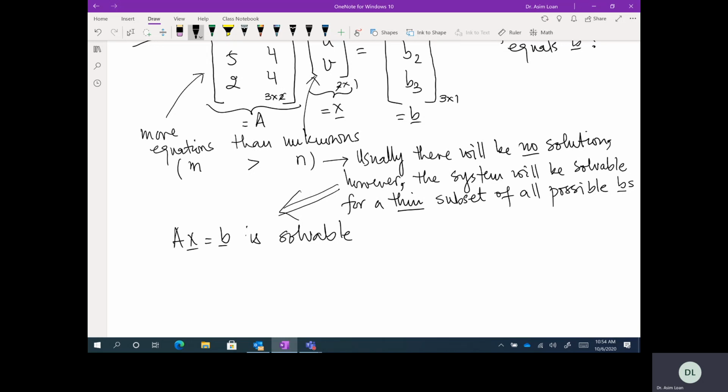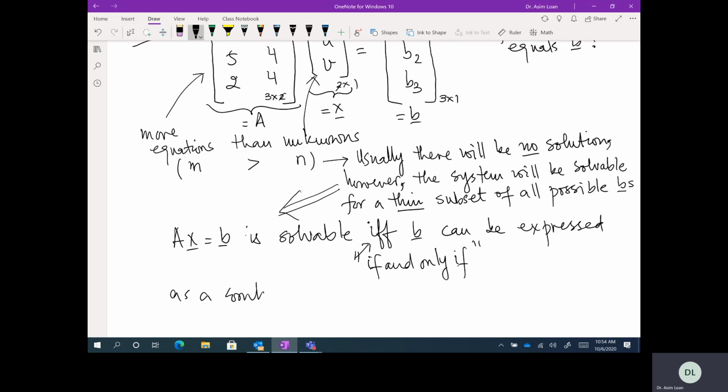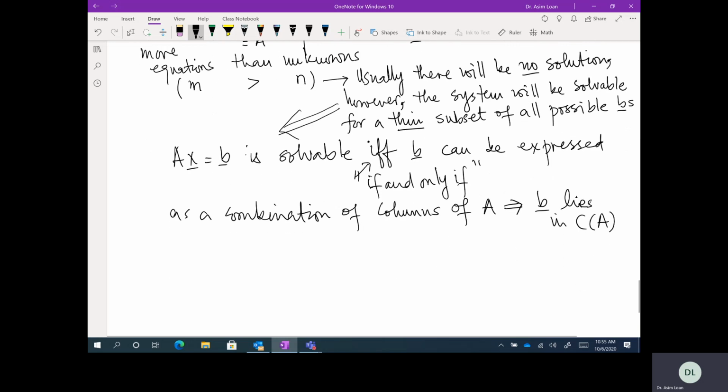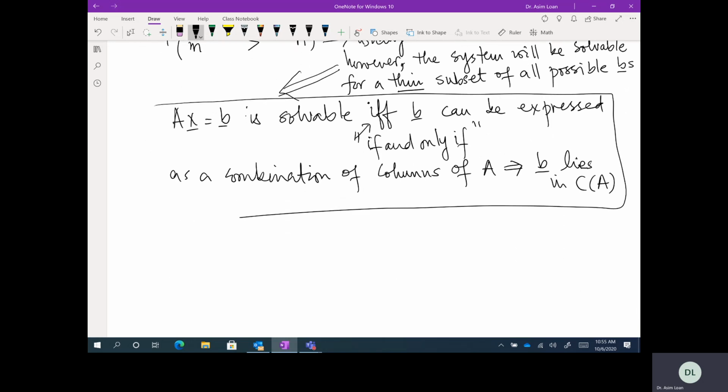The takeaway from today's lecture is that AX is equal to B is solvable if and only if B can be expressed as a combination of columns of A, which simply means B lies in the column space of A. So AX is equal to B is going to have a solution if B lies in the column space of A. That is all you want.